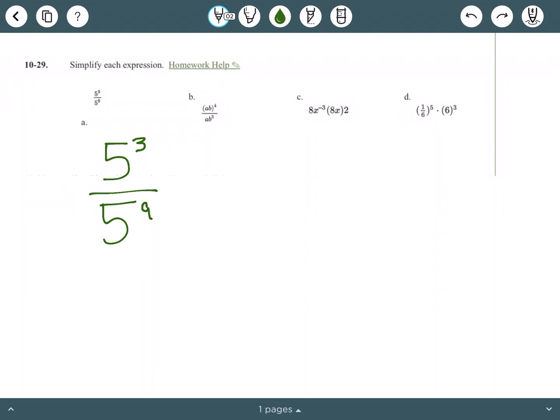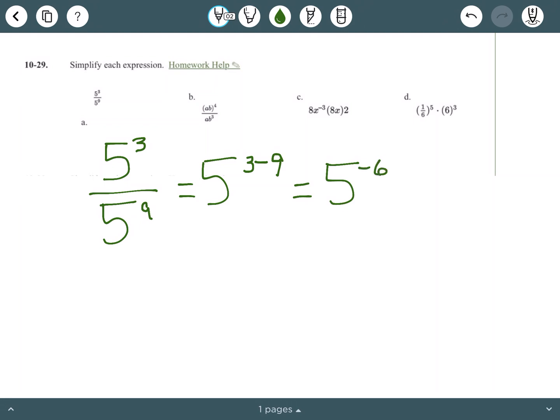So when we're dealing with exponents, we want to subtract the exponent. So base stays the same, our base is 5, and we subtract the exponent. So we would be doing 5 to the 3 minus 9th power, which gives us 5 to the negative 6th.